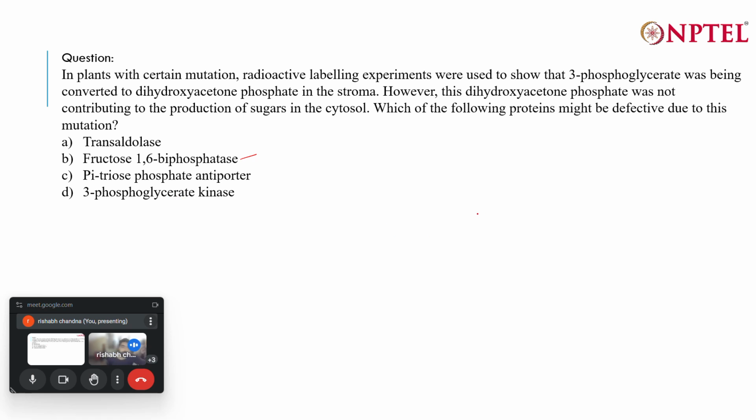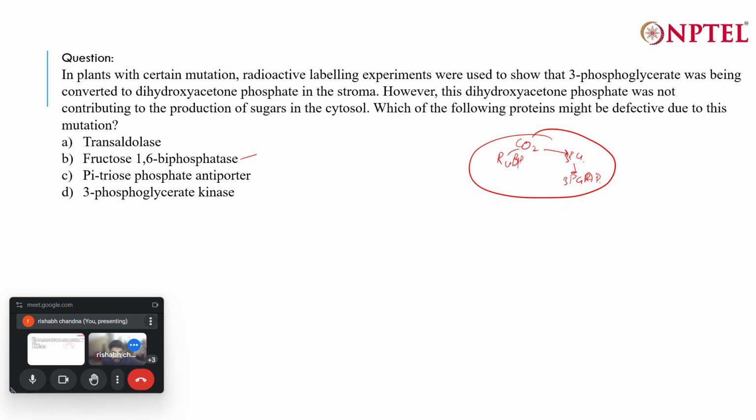Okay, so what happens when this Calvin cycle is running in the stroma? So this CO2 molecule is assimilated with RuBP, that is ribulose 1,5 bisphosphate, and it forms 3-phosphoglycerate followed by 3-phosphoglyceraldehyde.